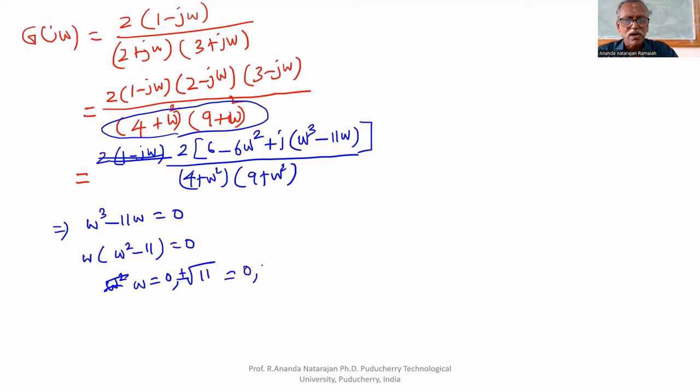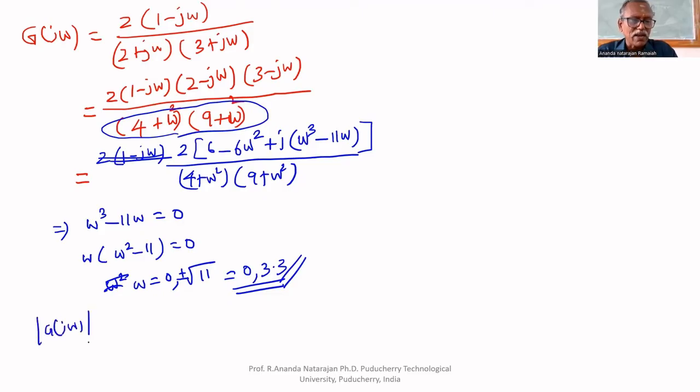That is 0 and 3.3. When omega equals 3.3, it crosses the real axis. So what is the magnitude at omega equal to 3.3? That we have to find.